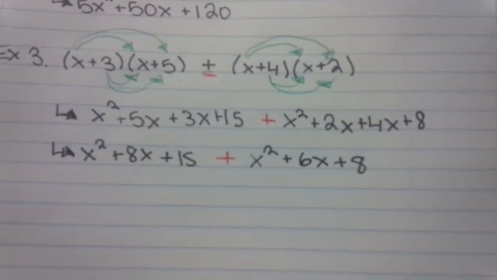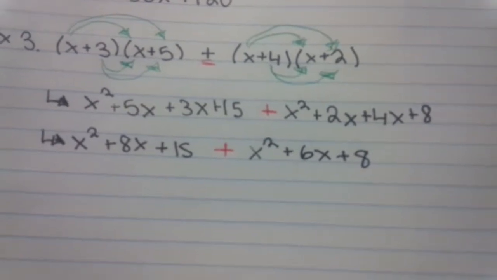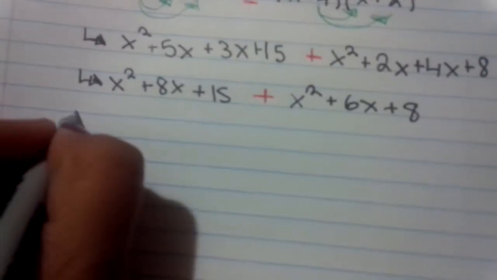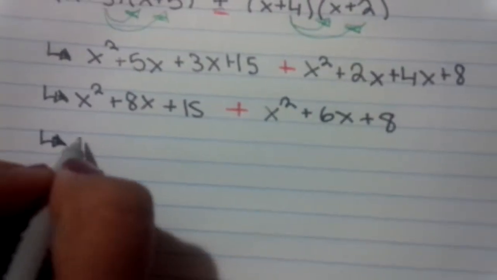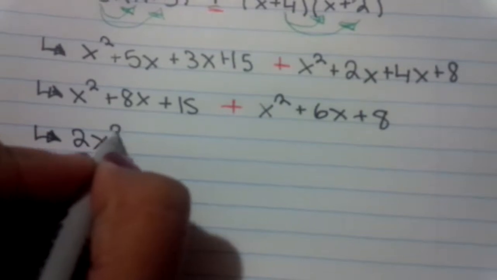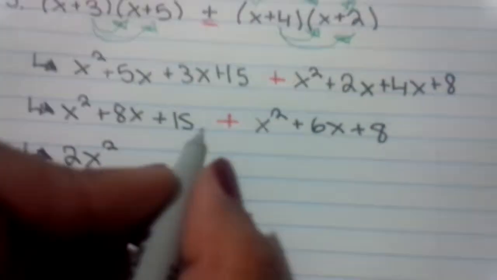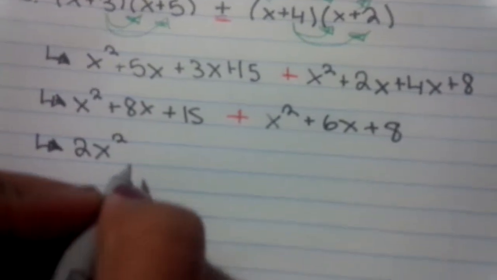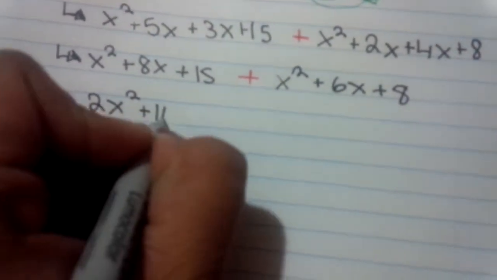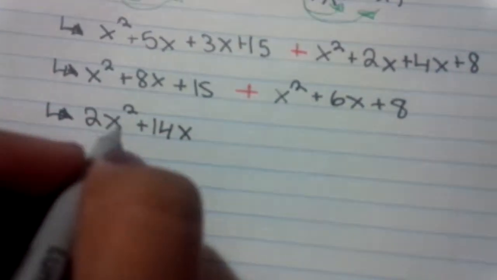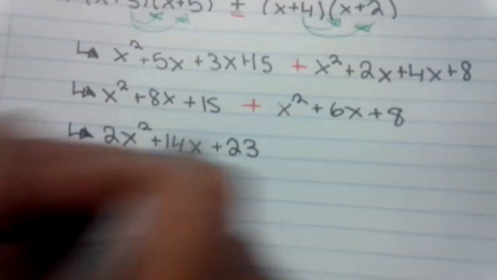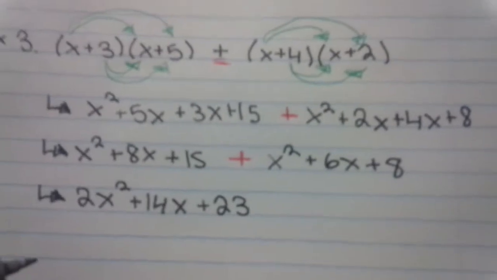And now all we have to do is the same as last time, add like terms, and we get our final answer. So at the end, we add x squared plus x squared, which gives us 2x squared, 8x plus 6x, which gives us 14x, and 15 plus 8 gives us 23. So there you have it. We have our final answer.